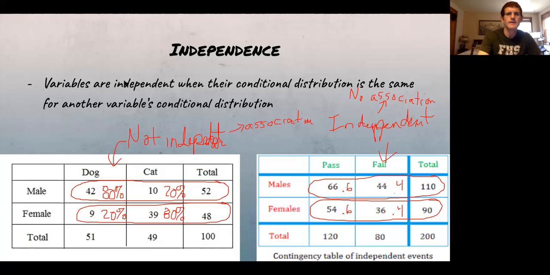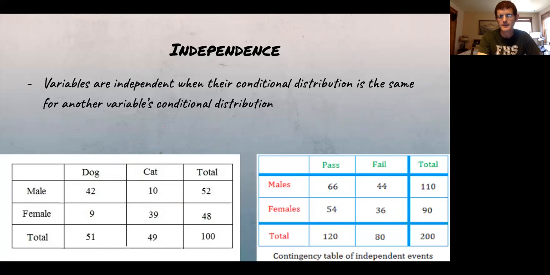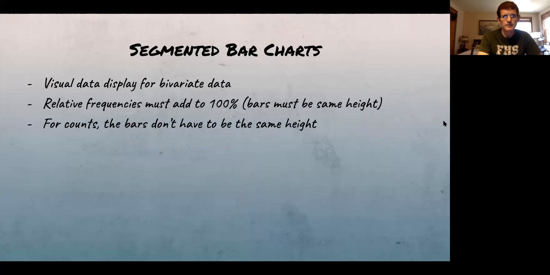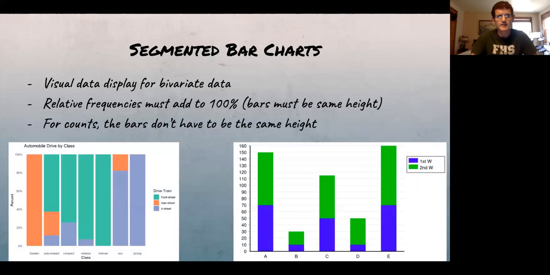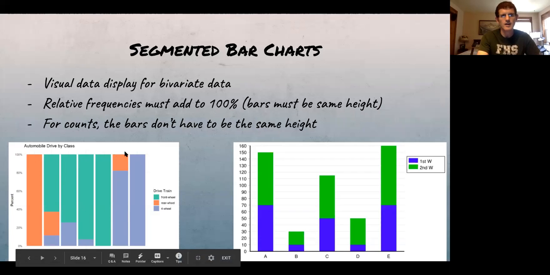Okay. Then let's go ahead, we have one more thing to talk about, and then we'll finish up. Now we had two more things, but we already talked about these. The only thing to add here with bar charts is that if it is relative frequencies, then they have to add up to 100. Notice that we've got these all adding up to 100%.